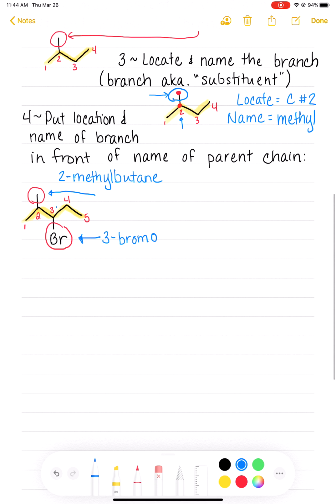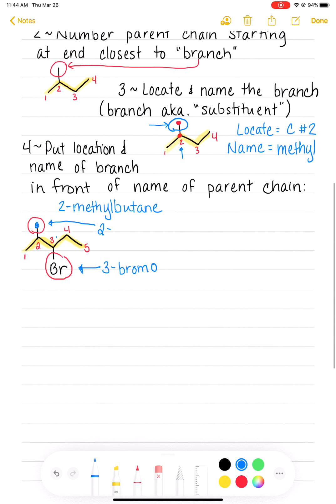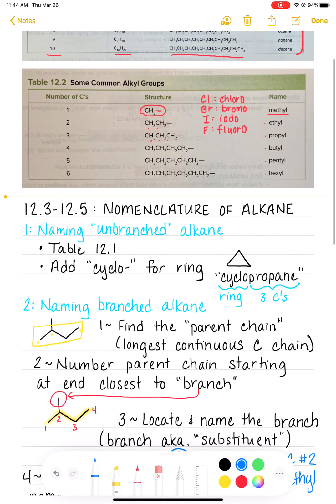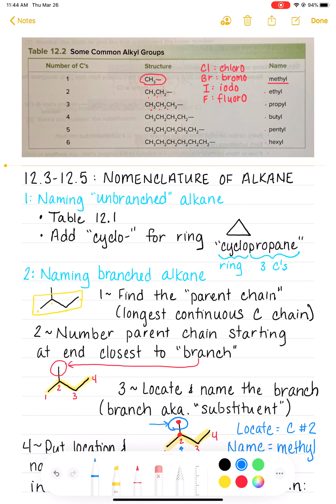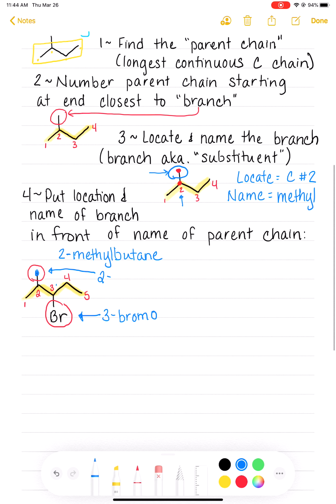This guy's location is on carbon number 2. The name of this branch, remember, it depends on how many carbons are in that branch. That's just 1 carbon all by itself in the branch. So the 1-carbon branch, if we go back to table 12.2, the 1-carbon branch is named methyl. So this is 2-methyl.